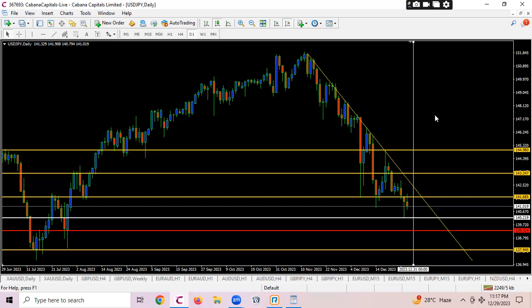So identify high or low, then go back. If that level was a support or resistance in the past, we can take the risk on that trade to buy or to sell. I hope that is clear. So that's a simple strategy.